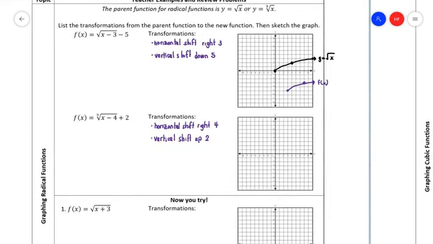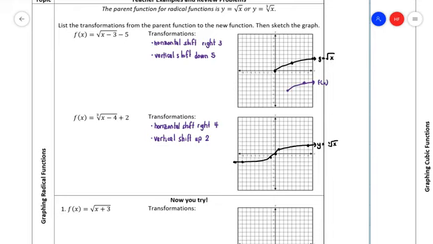So then for our cube root of x, I'm going to graph the parent function as well. So that's our parent function, y equals the cube root of x.